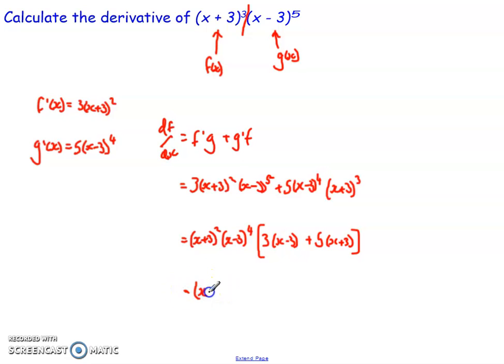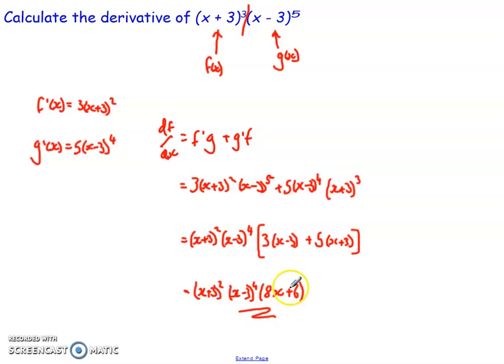So I've got (x + 3)^2, I've got (x - 3)^4, and if we multiply bits out in this bracket, we get 3x - 9 + 5x + 15, so I've got 3x + 5x, that gives me 8x, I've then got -9 + 15, plus 6. So there you go, I've got my final answer there.